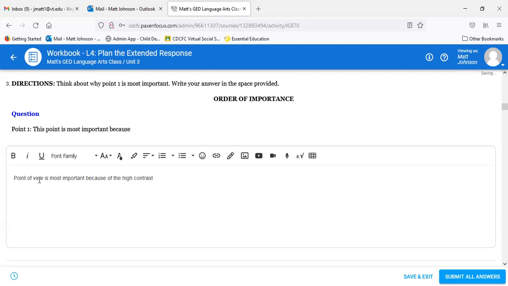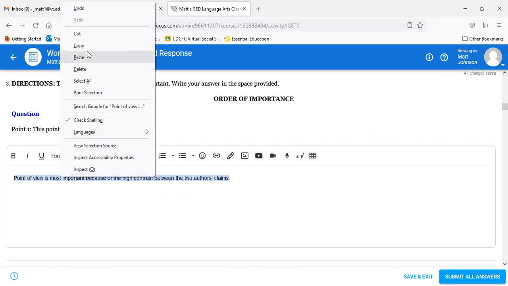And again, I'm just making my own point here, of the high contrast between the two authors' claims. Okay.